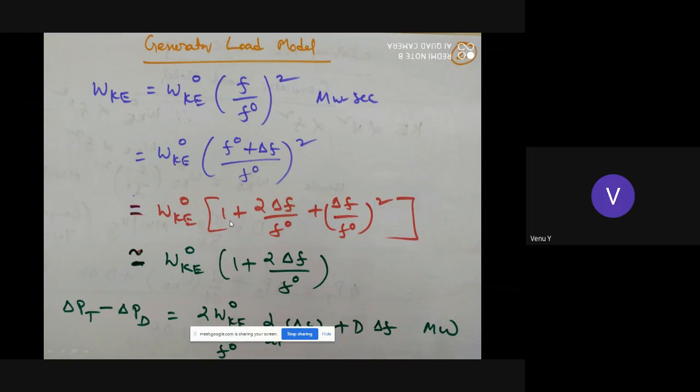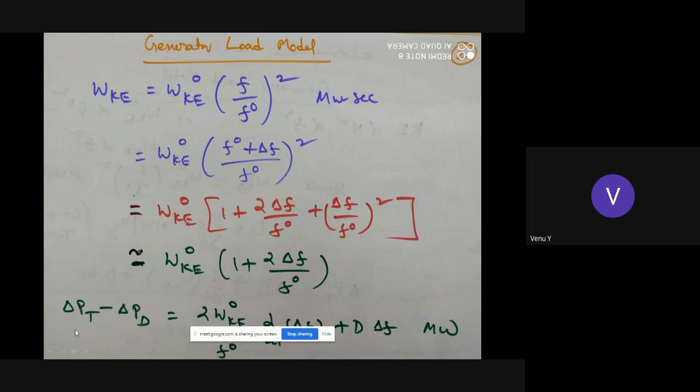This term can be approximated as 1 plus 2 delta f by f naught plus delta f by f naught whole square. The second and third terms can be approximated as Wke naught into 1 plus 2 into delta f by f naught. Delta f is the change in frequency due to change in load. F naught is the initial frequency or rated frequency.